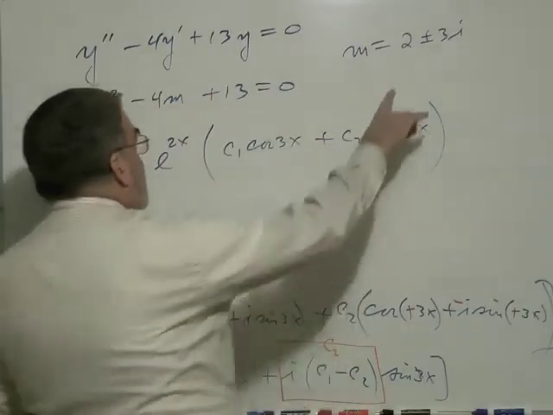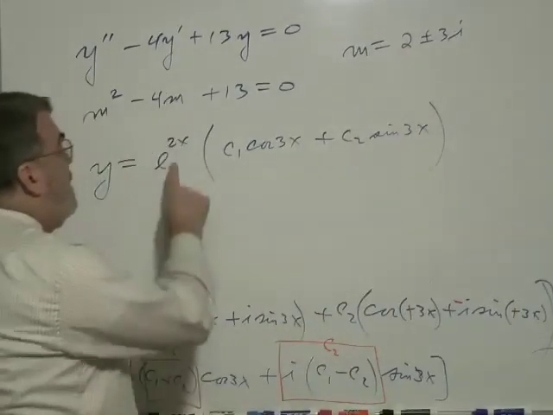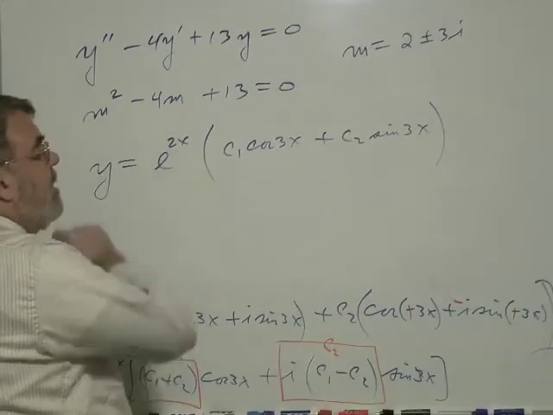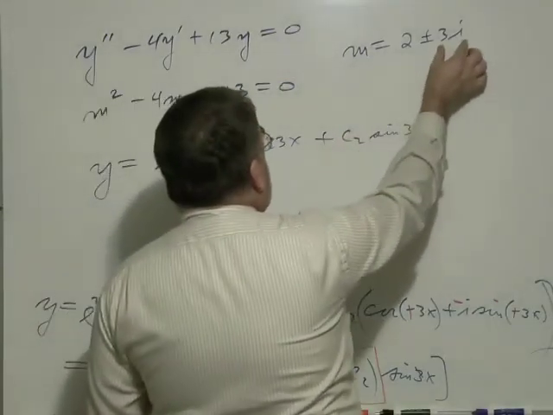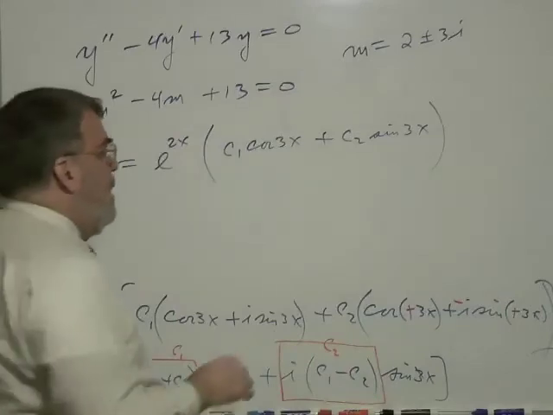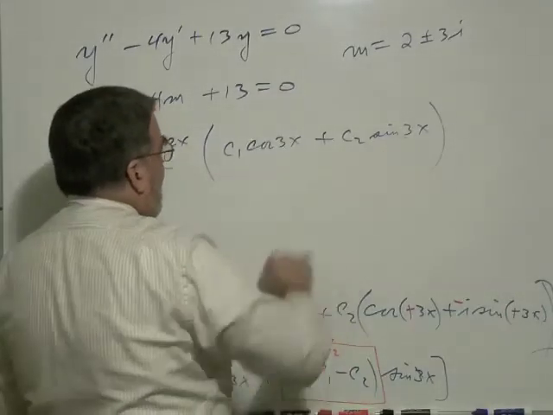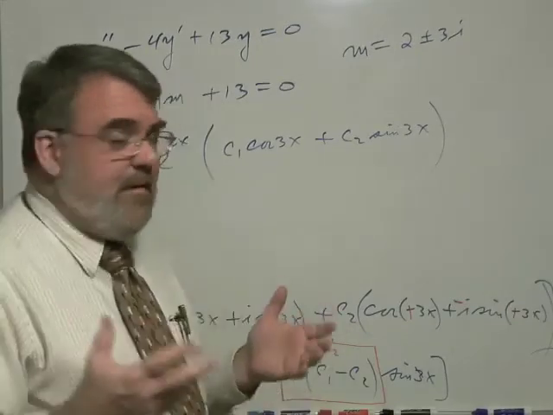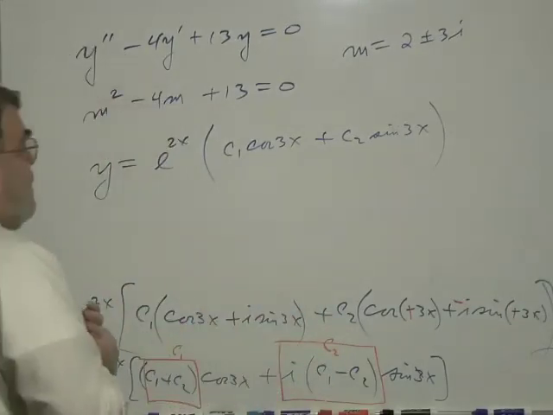The real part of the solution ends up being, in this term here, e to the 2x. And the imaginary part, or at least the coefficient of the imaginary number 3, ends up being part of this 3x that we see in the cosine and sine functions. So there we go. That's a different way of writing the answer without specifically using complex numbers.